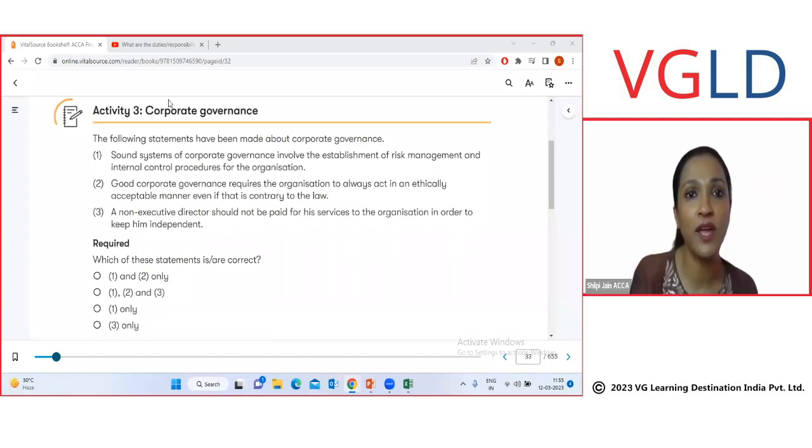Okay, answers pouring in, so I can have a look. C option, which means one only. So let's have a look at it.